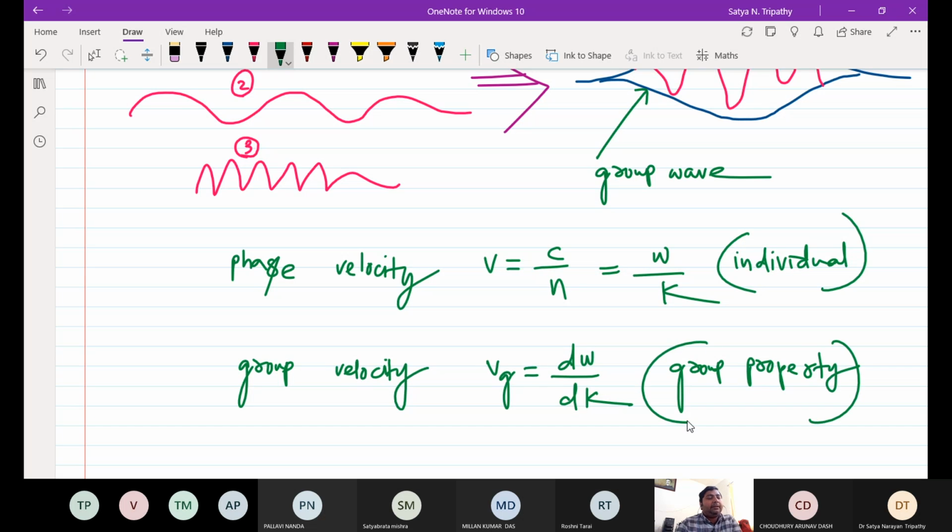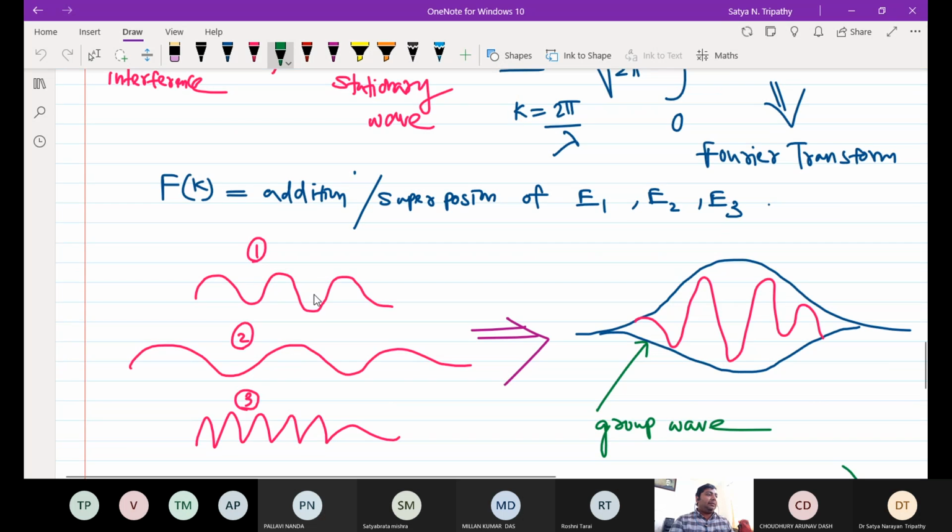So I repeat again. Whenever we have different waves traveling in a medium, they travel with different speeds, or different frequencies. Whenever waves of different frequencies travel, they form the beats phenomenon. In beats, the individual waves, or the phase waves, combine to form a group.